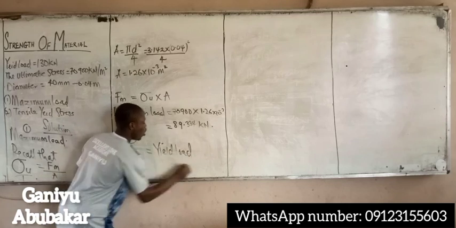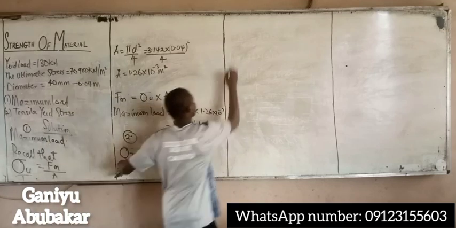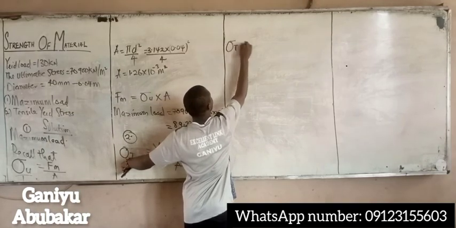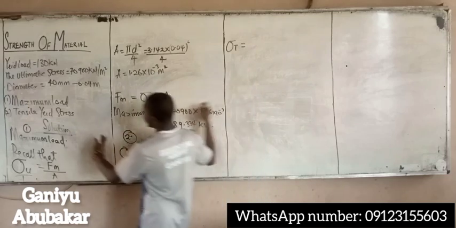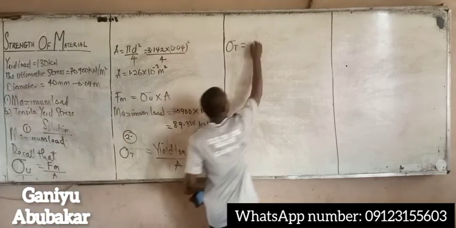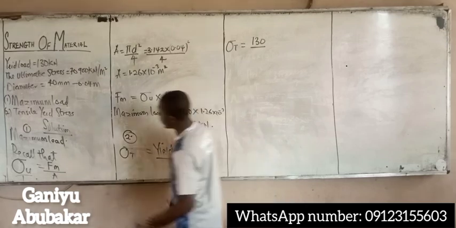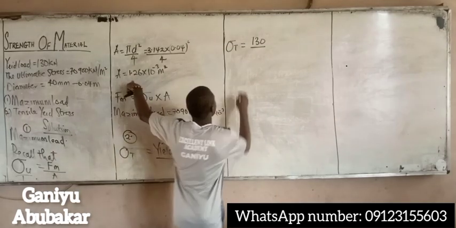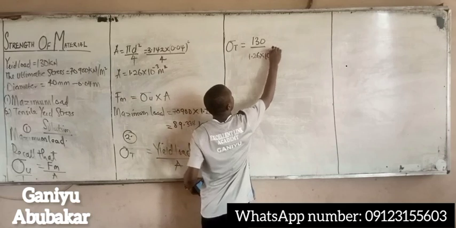Am I given yield load? Obviously yes, 130. That's 130 all over area. My area is 1.26 multiplied by 10 to the power minus 3.